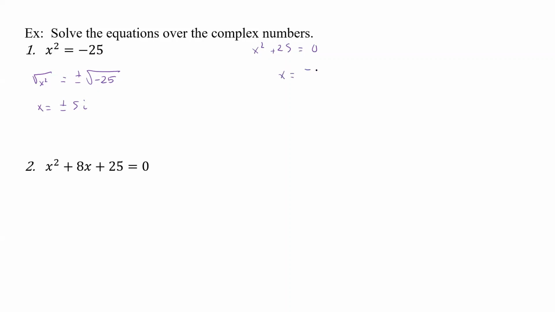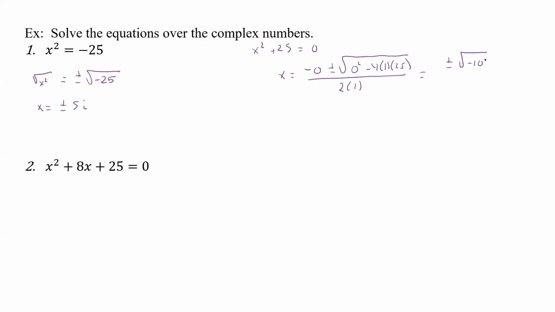So that's going to be negative b plus or minus the square root of b squared minus 4 times a times c all over 2 times a. So that just is 0. And then we have plus or minus the square root. Well, here we have 4 times 25, so that's 100.